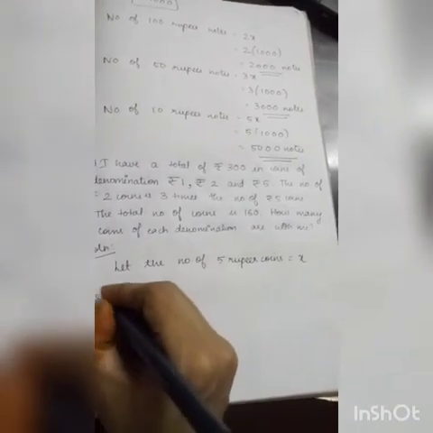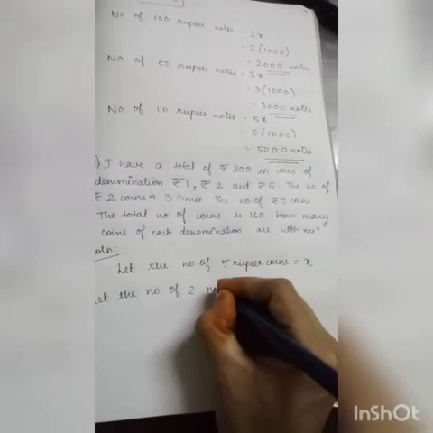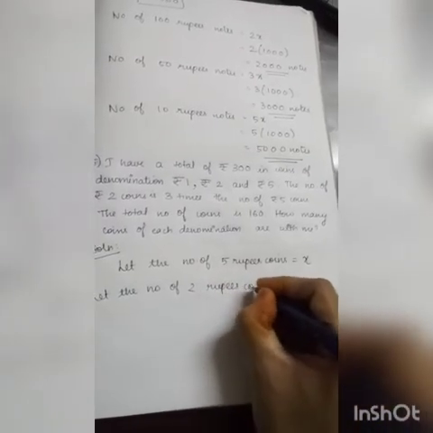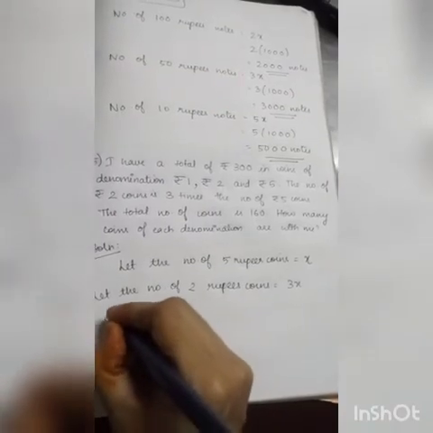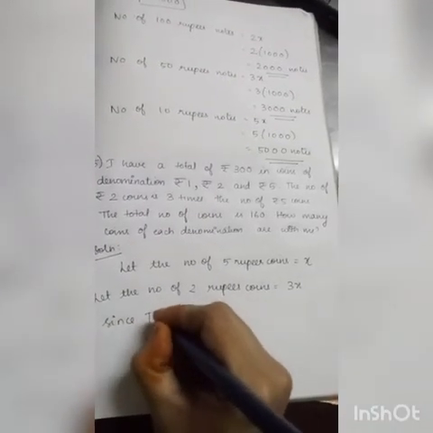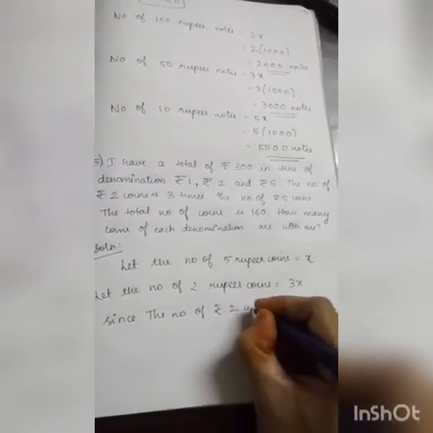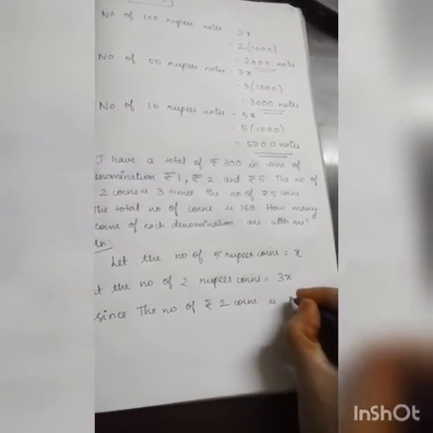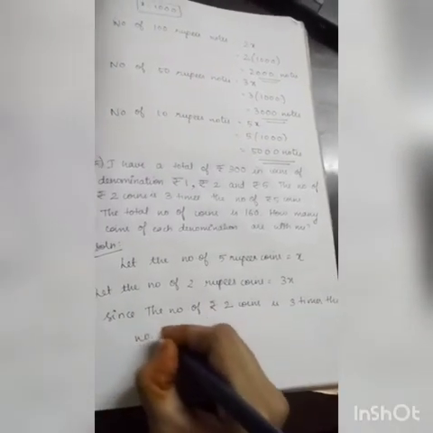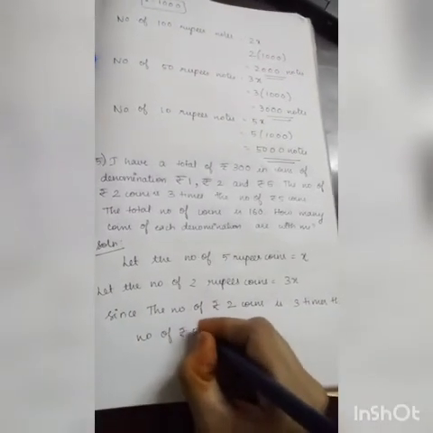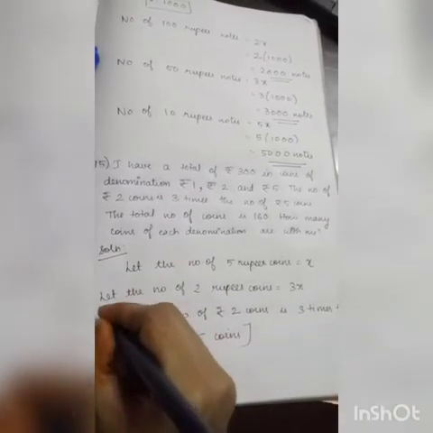Then the number of 2 rupee coins will be 3x, since the number of 2 rupee coins is 3 times the number of 5 rupee coins. Is it correct? Just put it in a bracket.